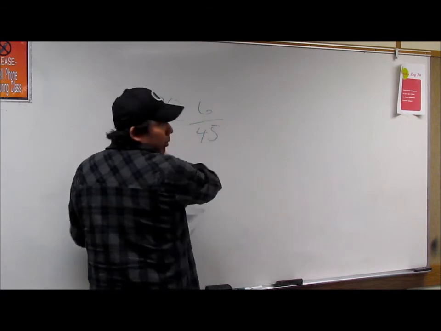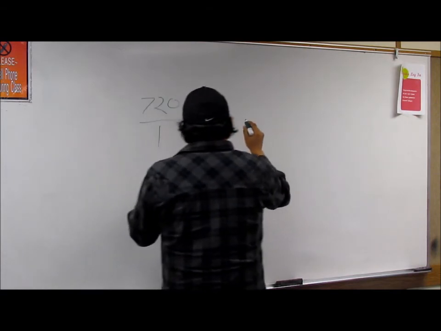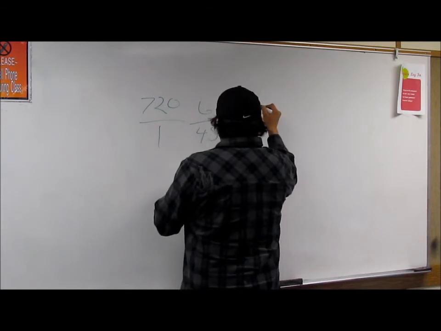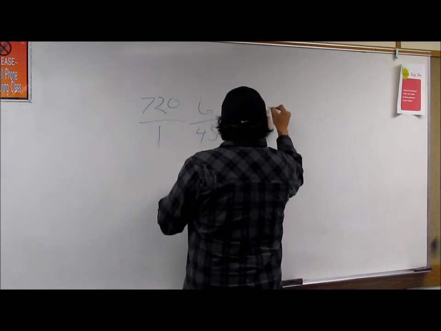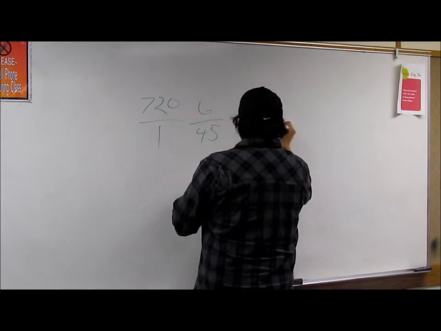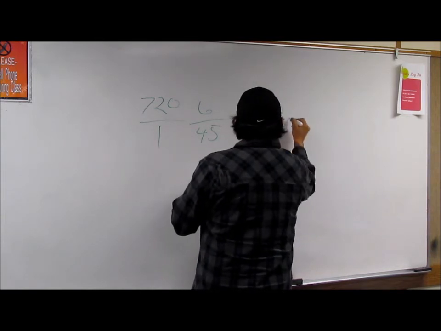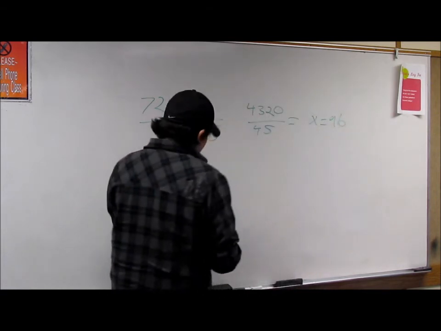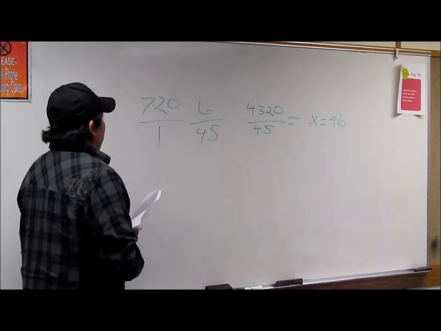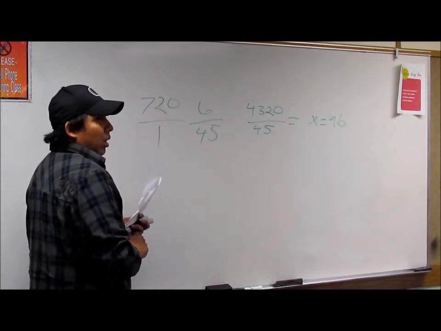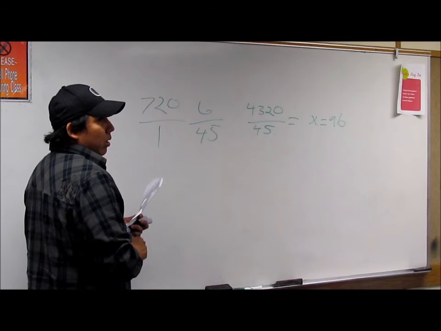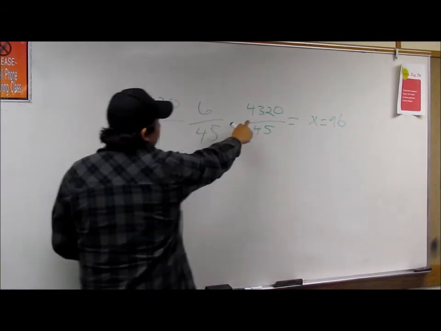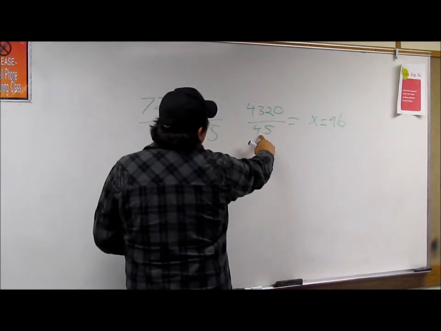What I did was the old method, times it, and I came up with that's my cubic feet. You still did the 6 over 45 times 720, but you just put it in big numbers and then used your calculator or long division.